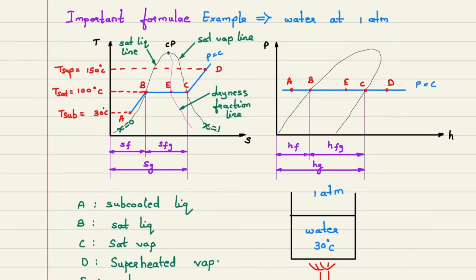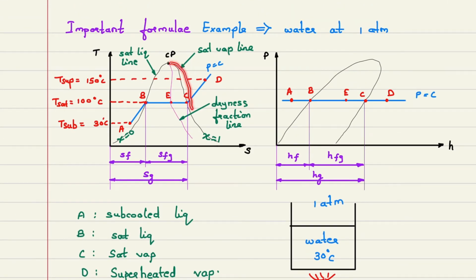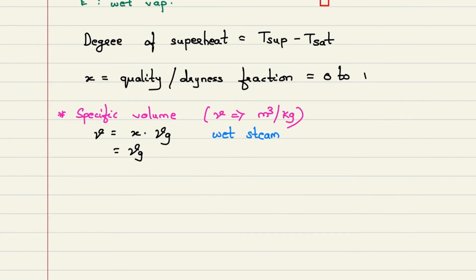Now Vg is for which point? It is for saturated vapor. In the property tables of refrigerants you will find Vg, Vf, and Vfg, so we are using the same notation here. This Vg is dry saturated steam.